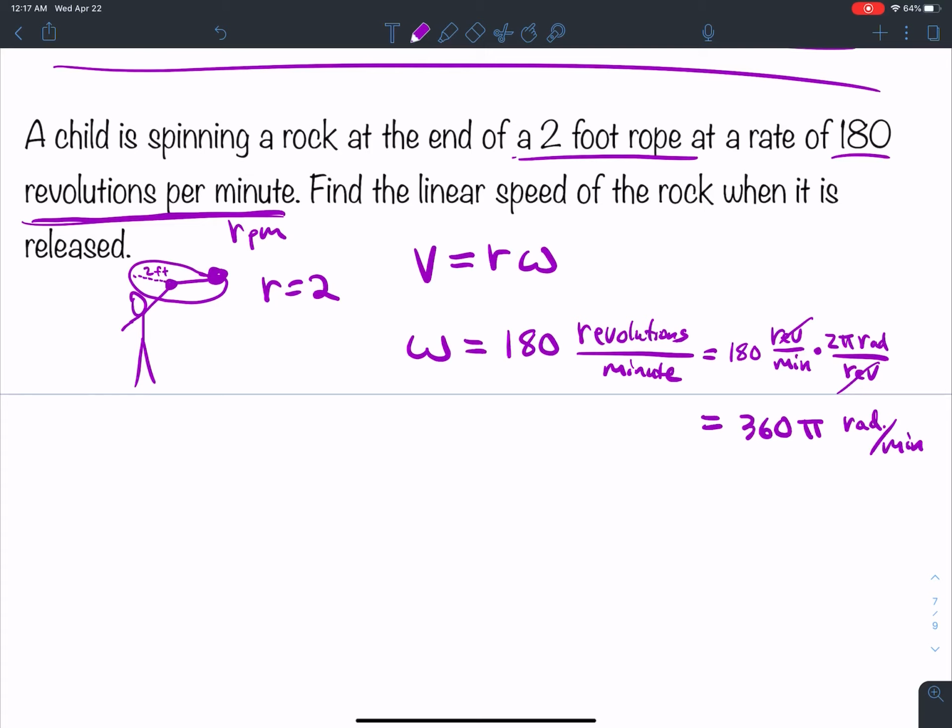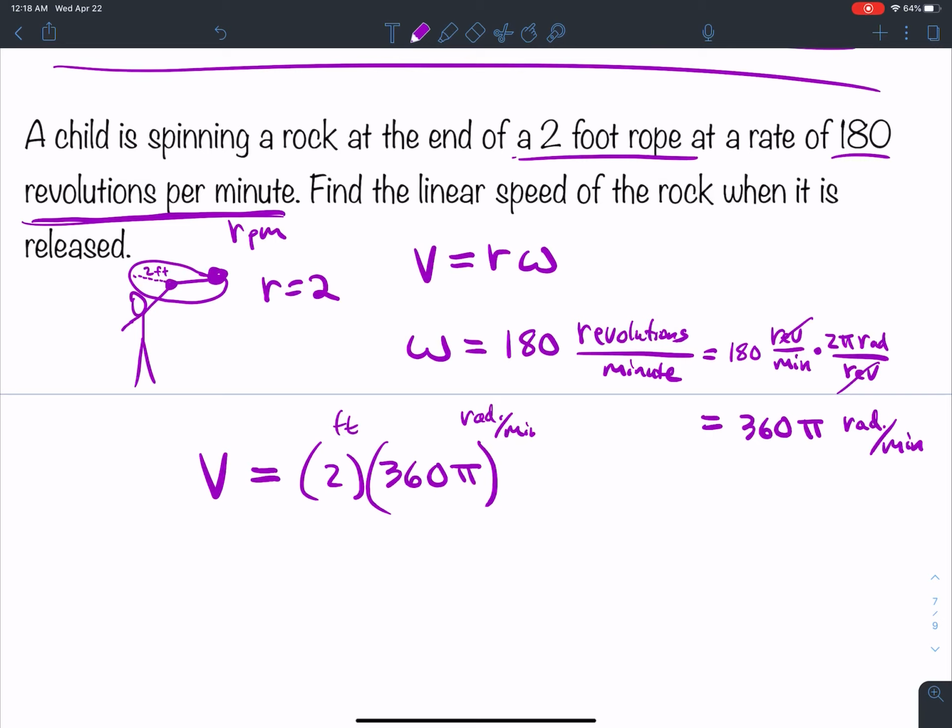And so now all I have to do is v equals r, which is 2, times 360 pi. And then what are my units? Well, this is feet, and this is radians per minute, right?